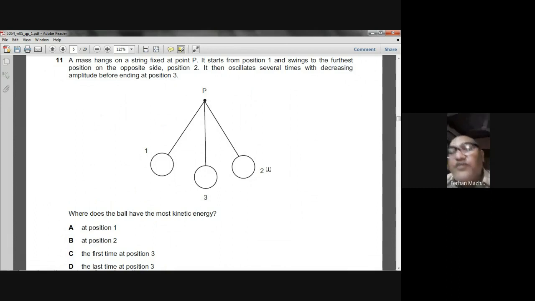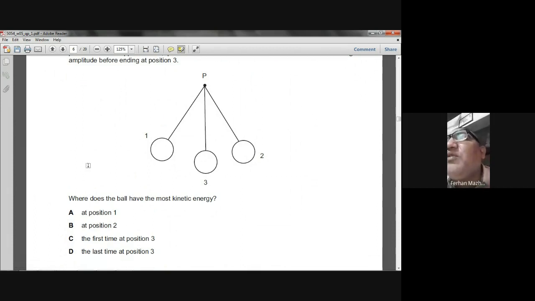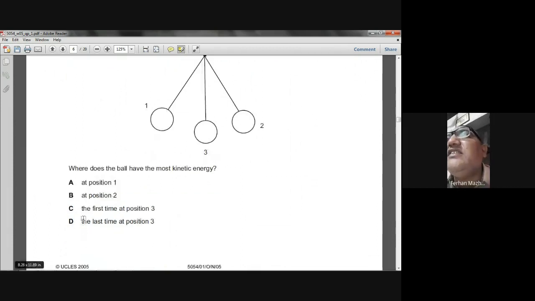Position number 3 is actually the mean position, and here the pendulum has the maximum speed. Wherever the pendulum has the maximum speed, there it has the most kinetic energy. So at position 3, the kinetic energy will be maximum. He says, where does the ball have the most kinetic energy? I think the first time at position 3.